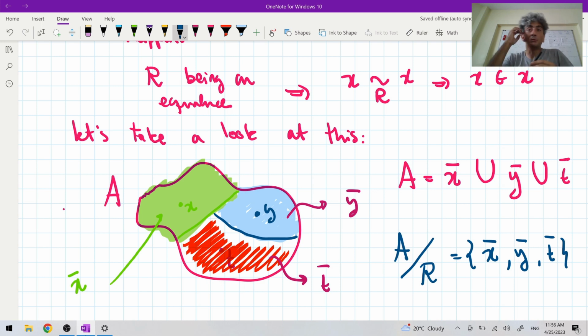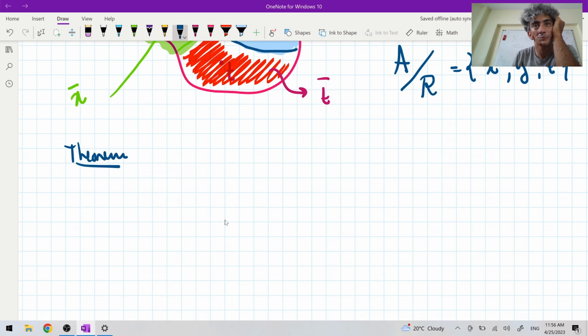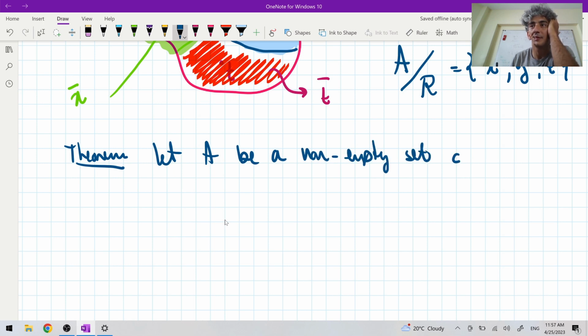We're going to go deeper into this aspect, and first we need to prove that given an equivalence relation we can always do this that we're looking at now. So we need a theorem, and that's what we're going to prove now. Theorem. Let A be a non-empty set and R an equivalence relation.